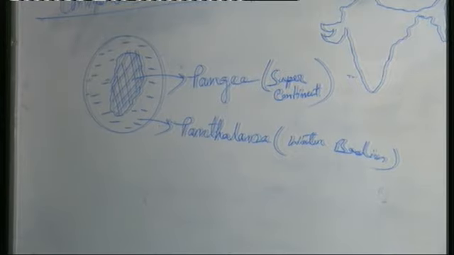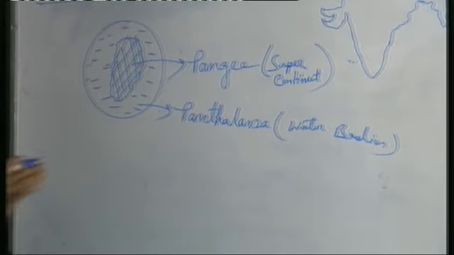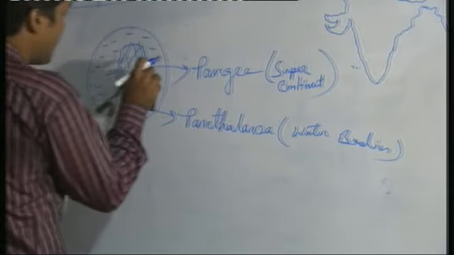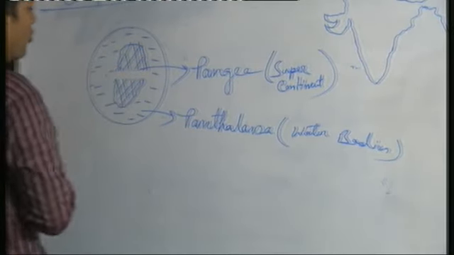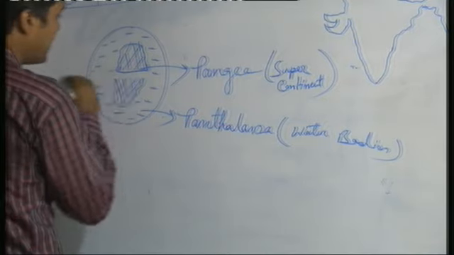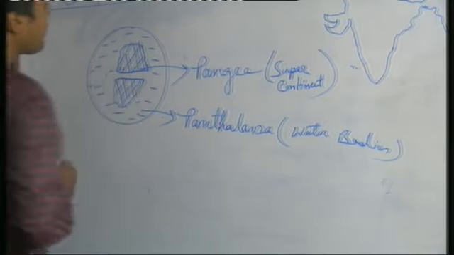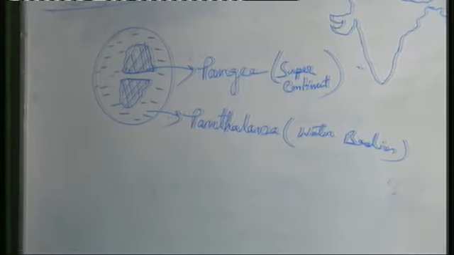After the formation of Pangea and Panthalassa, millions of years later, Pangea was divided into two parts, north and south.